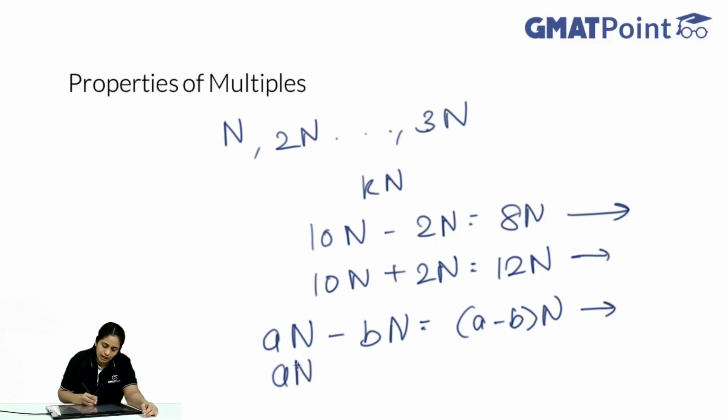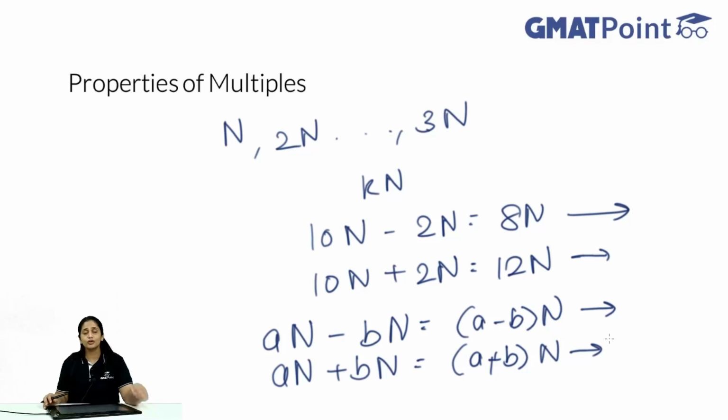Similarly, for sums I have an plus bn, which is equal to a plus b times n, also a multiple of n. So whether you take the sum or the difference, the sum and difference of multiples of a given number will also be multiples of the given number.